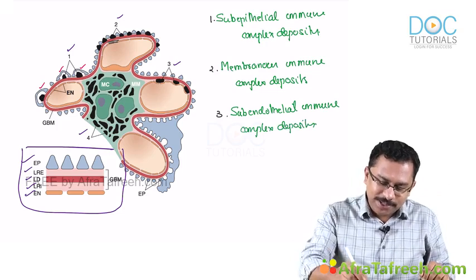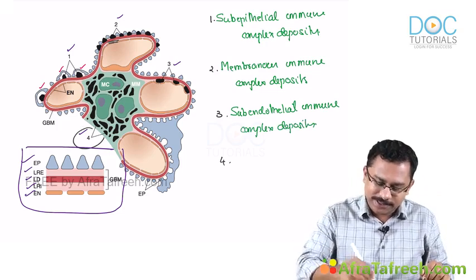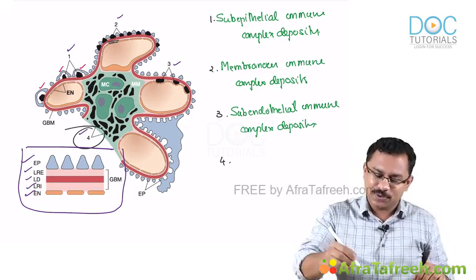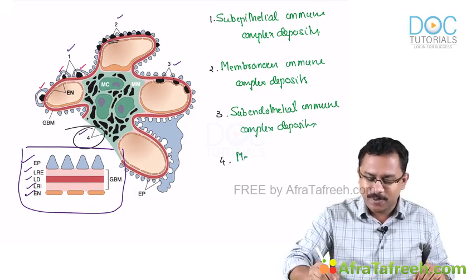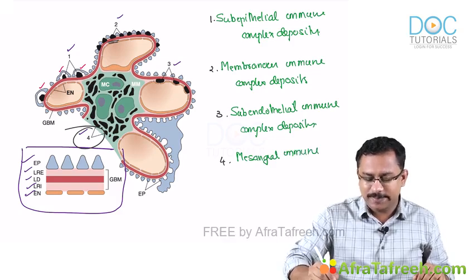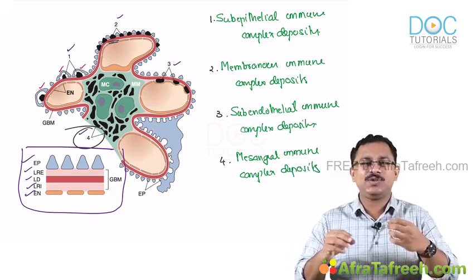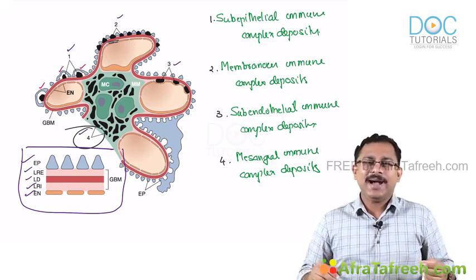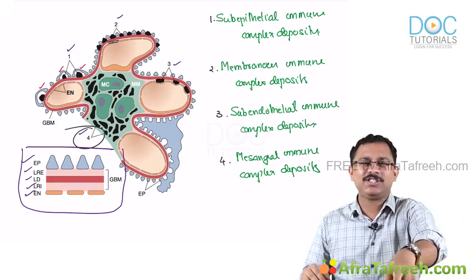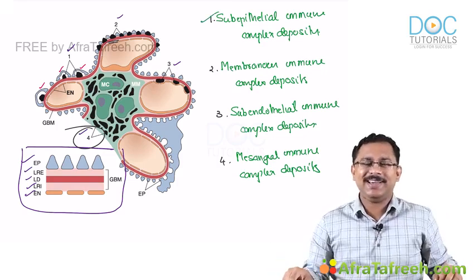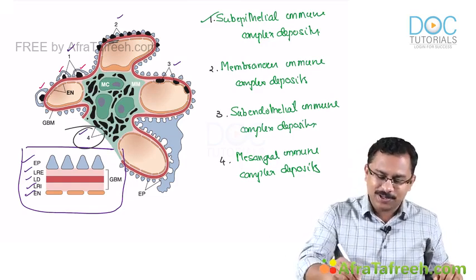And what about number 4 that you are seeing in the picture? All these immune complexes are depositing in the mesangium. So these are mesangial immune complex deposits. After this module, when we learn about the individual glomerular disorders, I will be telling you that in this particular disorder you have, say, subepithelial immune complex deposits producing certain humps, which we will learn later.